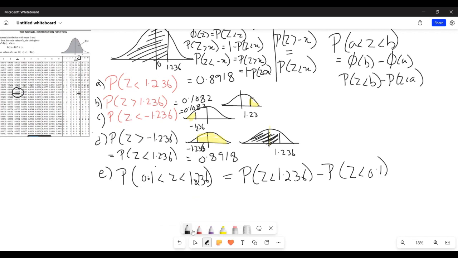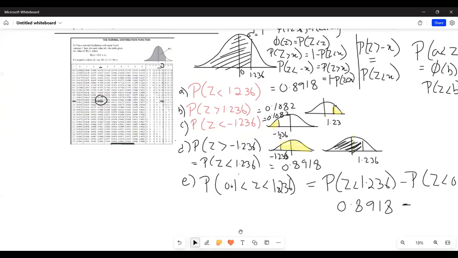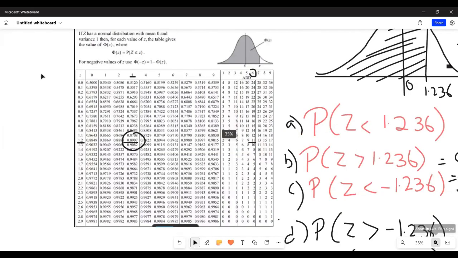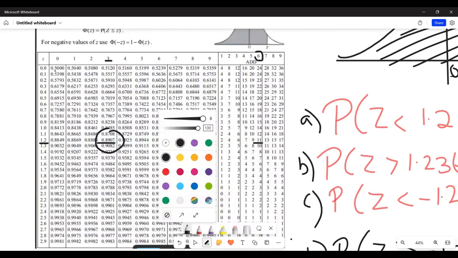So this we already know from the table. We got 0.8918 minus, let's find probability z is less than 0.1. So that is going to be 0.1 is right here and there's nothing after 0.1. So we're going to use this 0.5398.